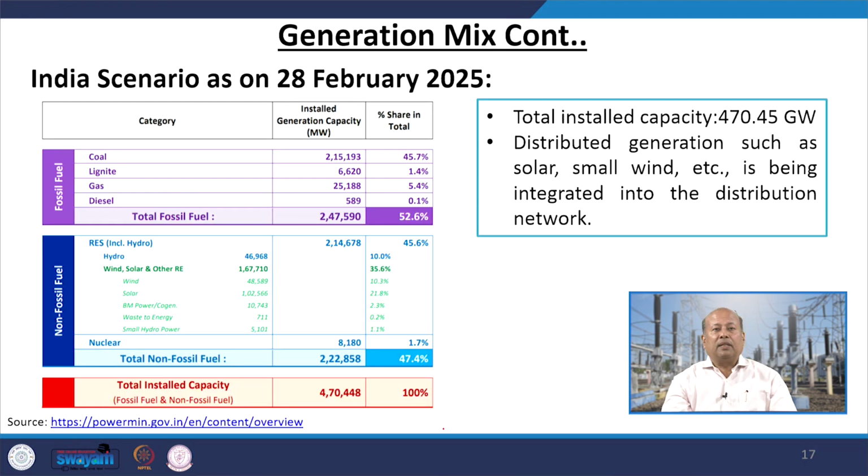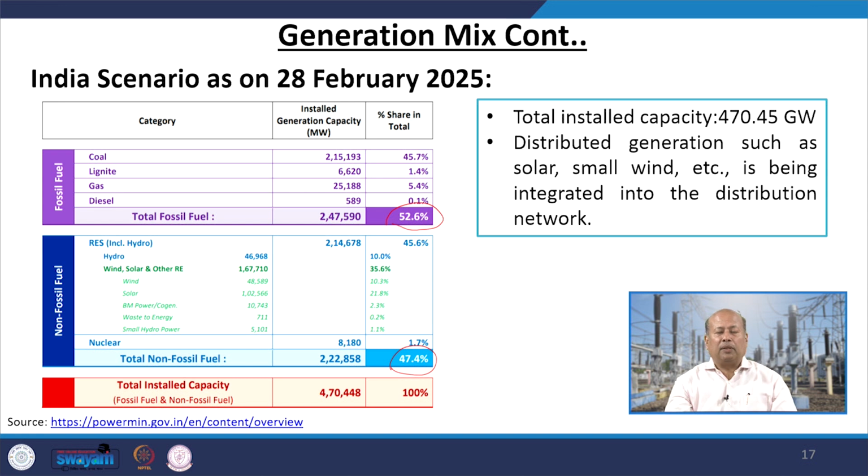Now, let us concentrate on the Indian scenario. As of February 2025, the Indian scenario is very interesting. As you could see, the thermal percentage is close to 50%, and non-fossil is also close to 50%. So, to my understanding, the current operation of the Indian power system is at its peak and able to accommodate maximum renewable energy to its best capacity, and probably the government's current initiatives are so encouraging.